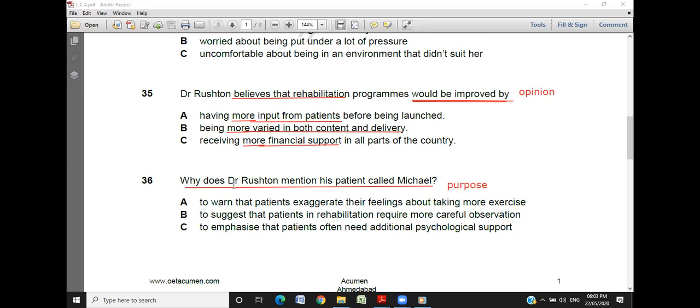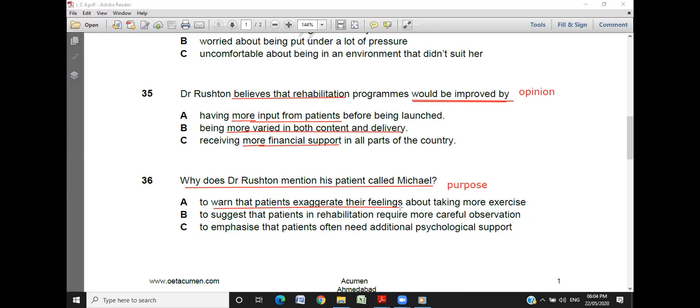The writer tries to emphasize an idea with an example. So instead of getting taken away by what he mentions about those examples, you have to pick up the overview. What point is he trying to make through those examples? So here it says, warn that patients exaggerate their feelings.